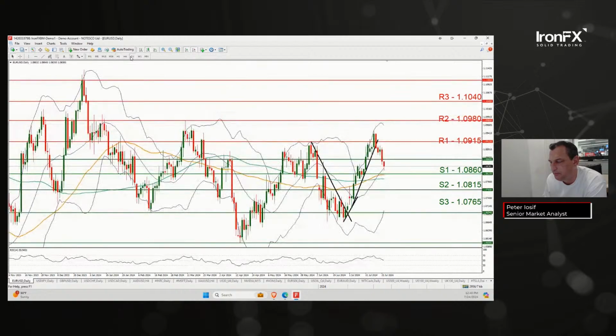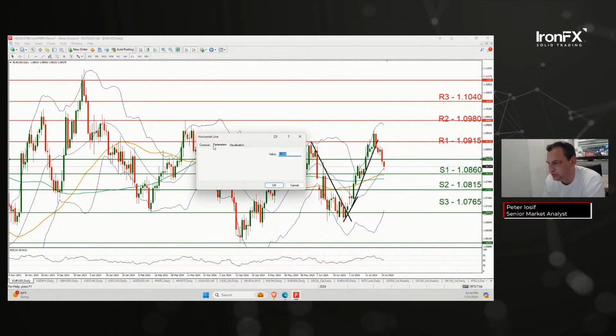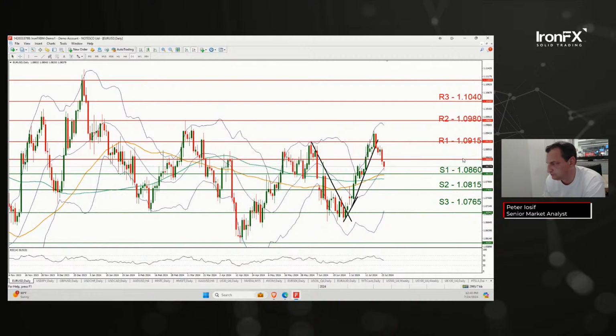So we tend to remain bearish for the pair. And definitely the 1.0860 has to be turned into a resistance line. Let's reposition the levels as well.